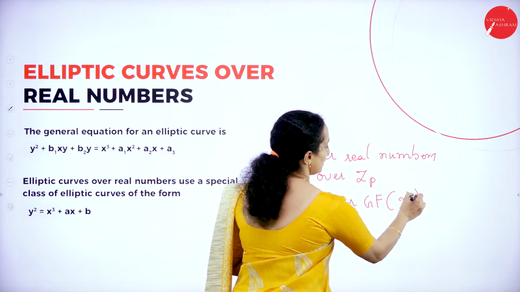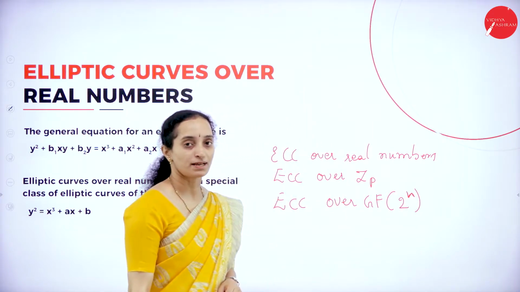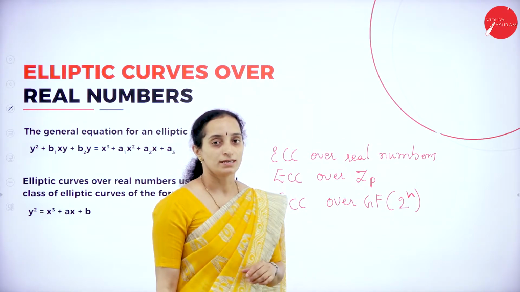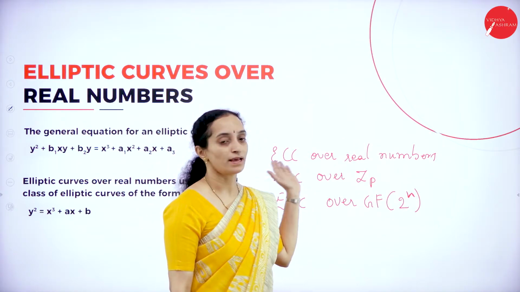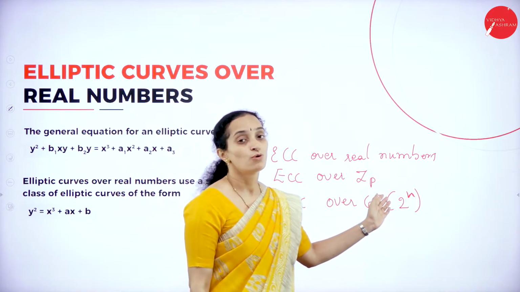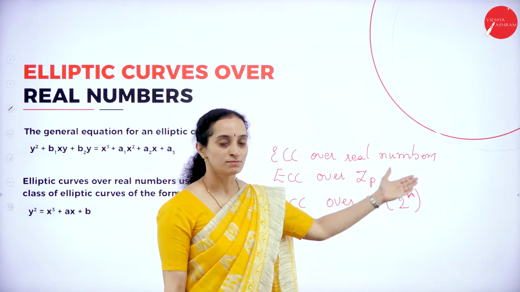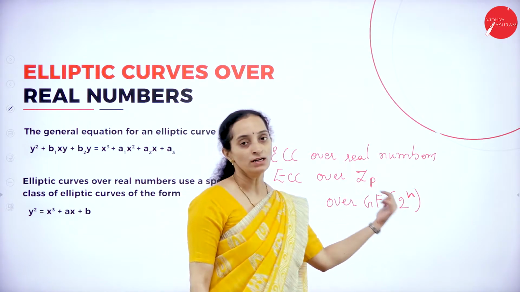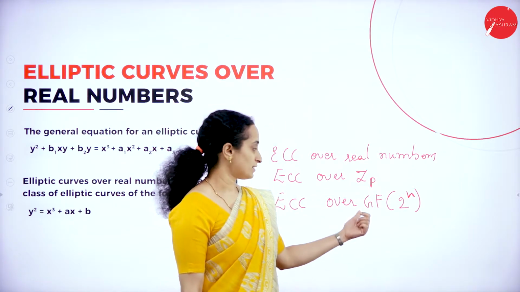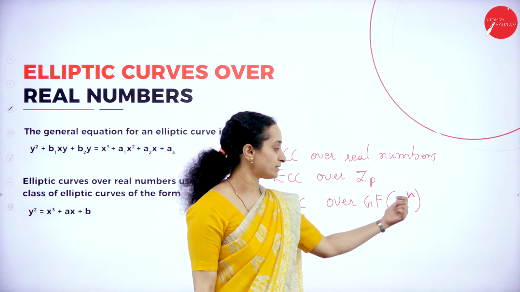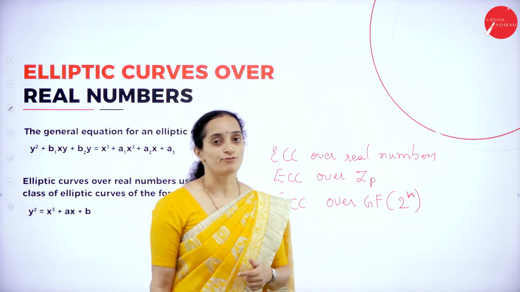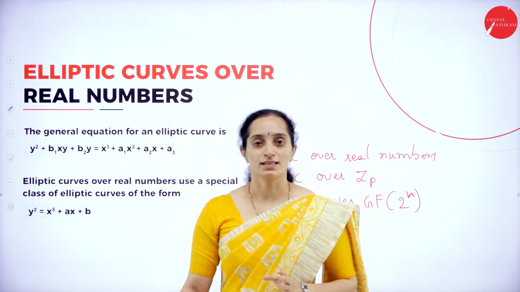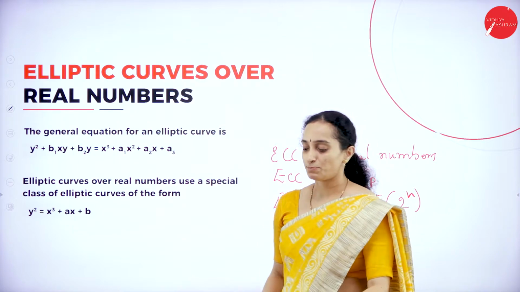We have 3 ranges of values in an elliptic curve cryptosystem: over real numbers, over prime values, and over fixed size variables, that is 2 to the power of n set of values. So 3 different variables are used in the elliptic curve cryptosystem.